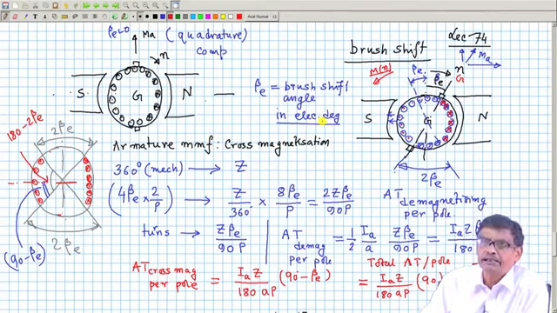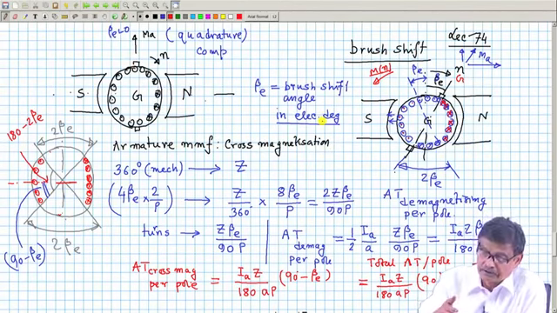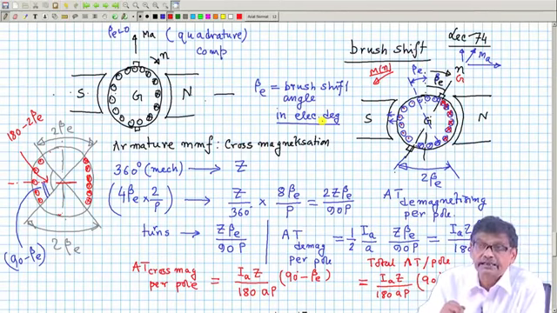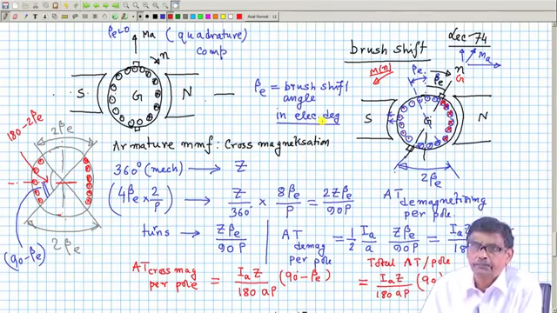And now I will take up some problems that can be solved from Parker Smith's book, that is, for a given DC machine, what should be the ampere turns per interpole, or how much is the cross magnetizing ampere turns needed in this case. You kindly try to solve this problem, which I will also put in the problem sheet.